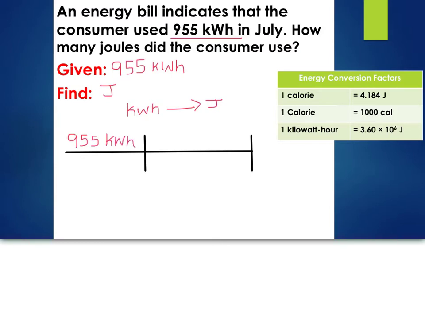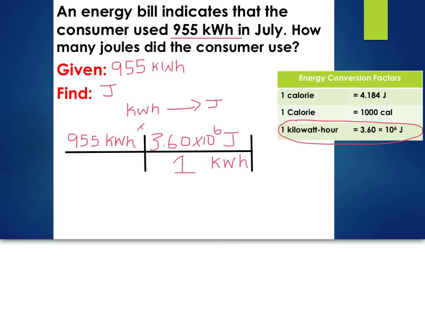We want to convert that to joules. So that means we need to divide by kilowatt hour. We know that, using this conversion factor here, 3.60 times 10 to the 6th joules in 1 kilowatt hour.